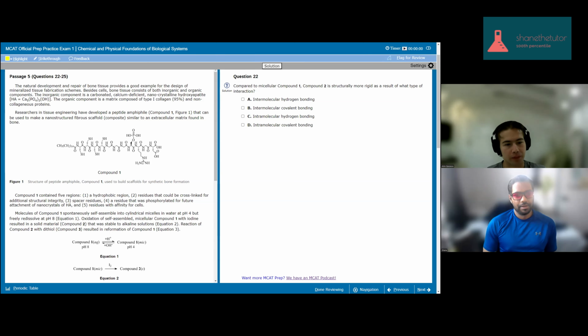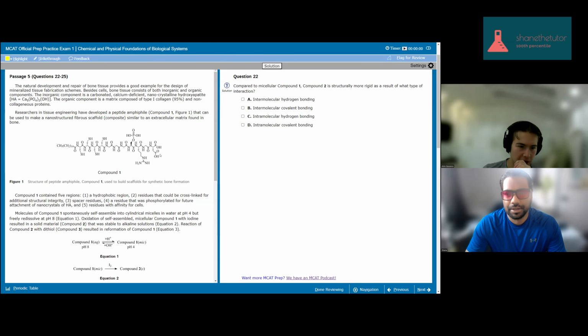There's a carboxylic acid, glutamate, or no, aspartate. One thing I was confused about: on the very left you have the amide bond, and then there's just a long carbon chain. Does that represent something? Yeah.